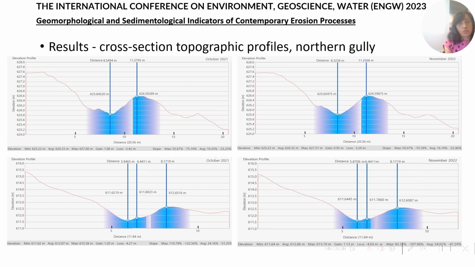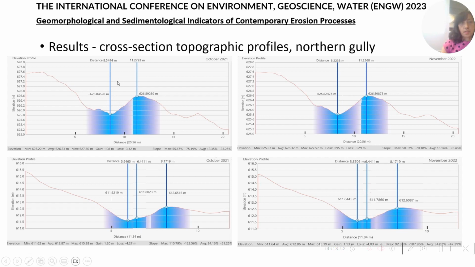If we consider cross-section topographic profiles generated from the digital terrain models, we can see some changes. Here are the profiles done for the northern gully.